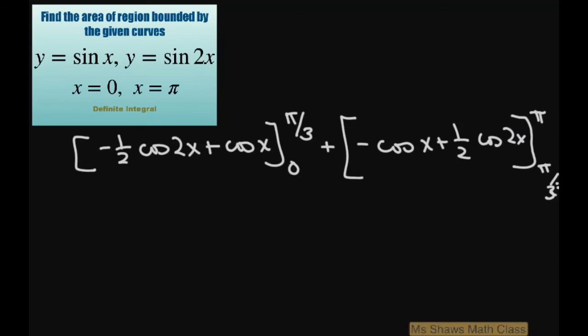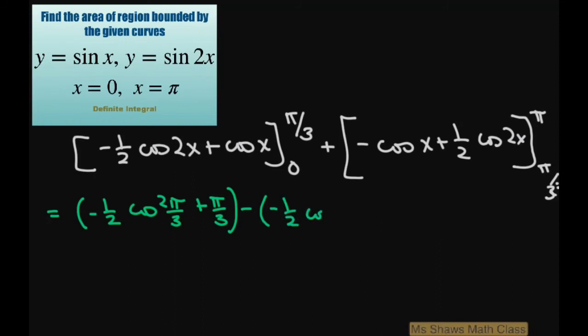When you substitute it in, you get negative 1/2 cosine of 2 pi divided by 3 plus cosine of pi divided by 3, and then minus negative 1/2 cosine of 0 plus cosine of 0.